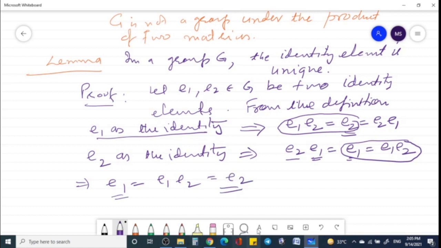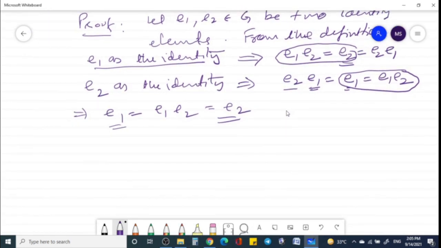Okay. In the next result, we will prove that the inverse of every element is unique.